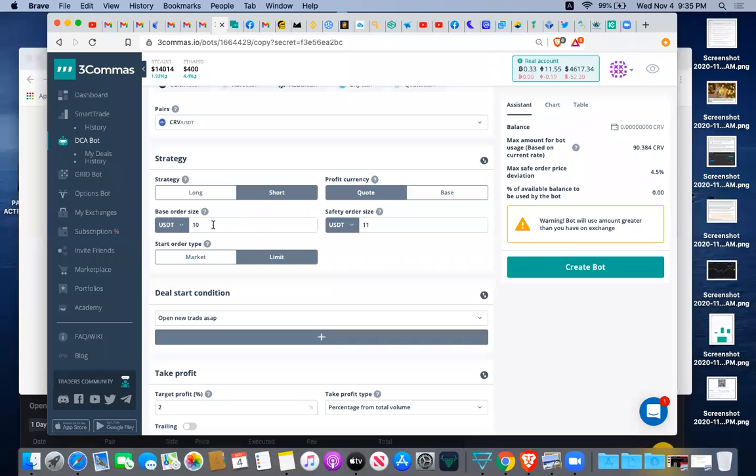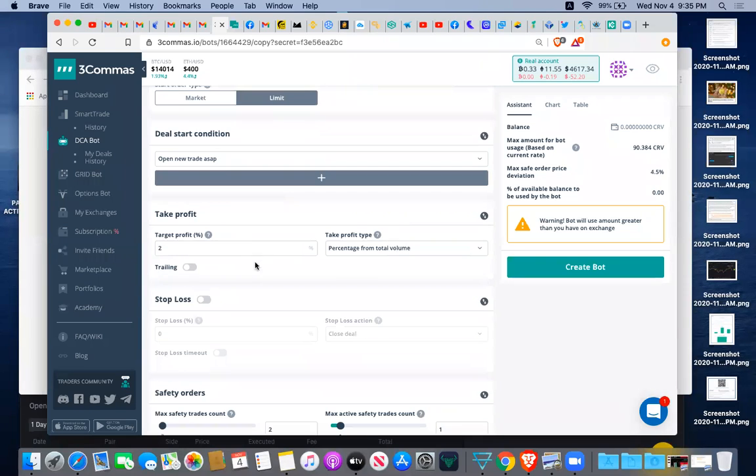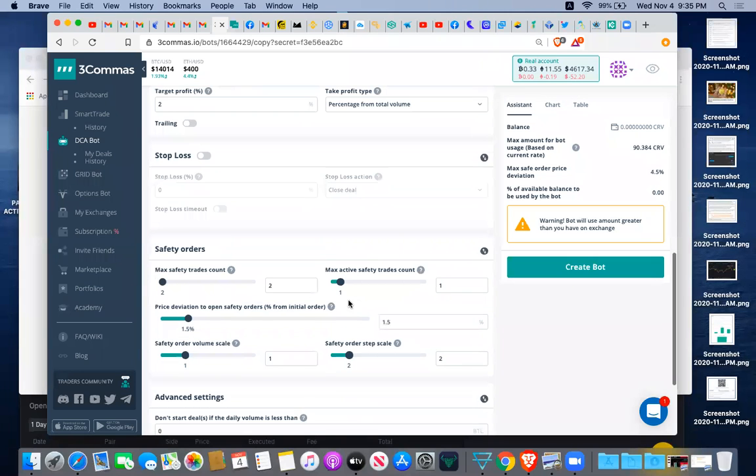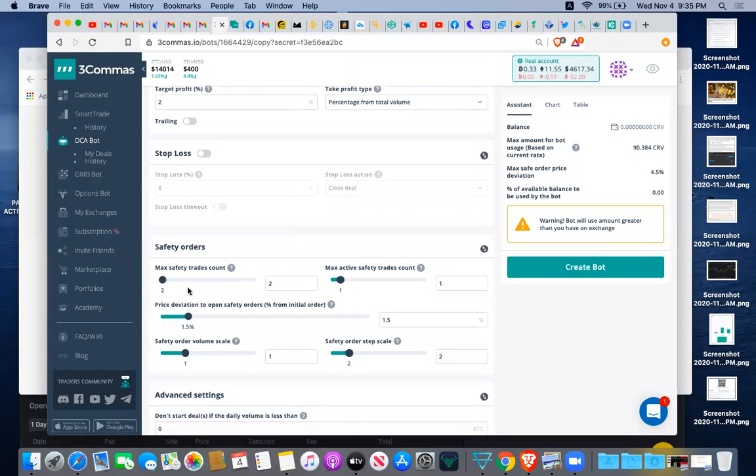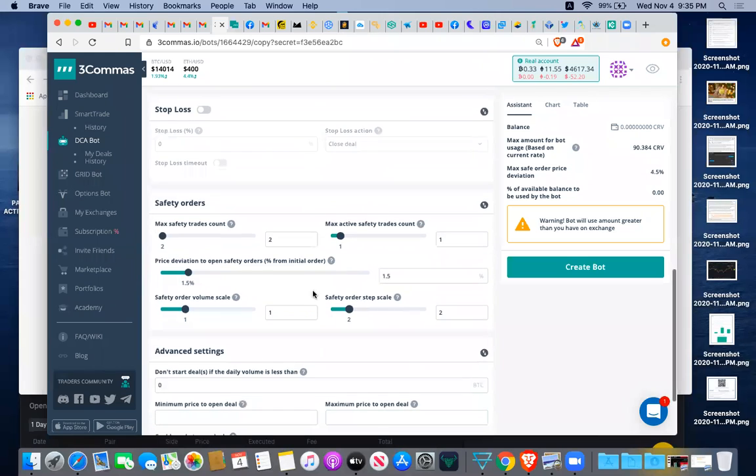What he put as the startup was $10 and $11 for the safety order, and it takes 2% for the trade. The maximum safety trade count is only 2, and it takes them one after the other. You can see price deviations to open after order from initial to 1.5%.